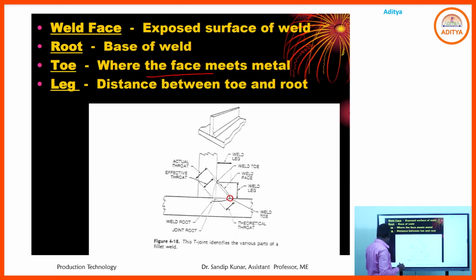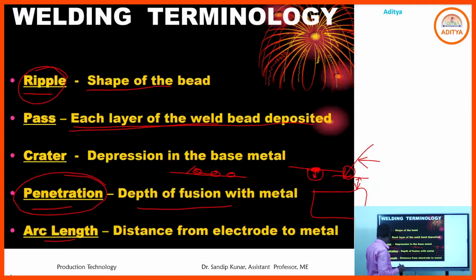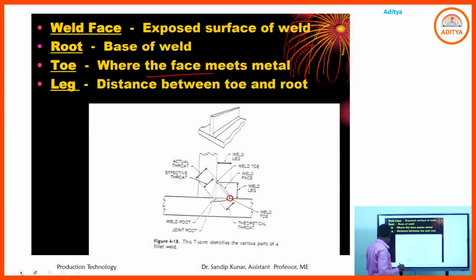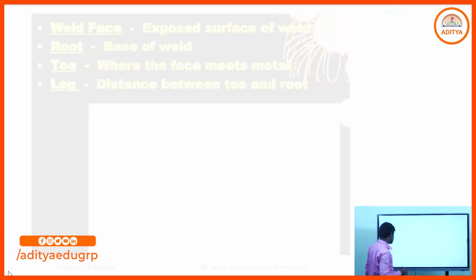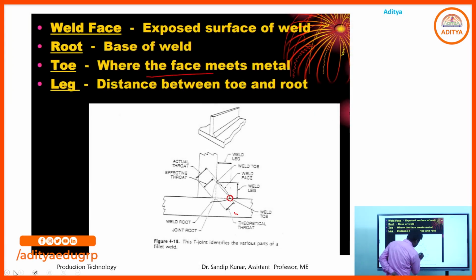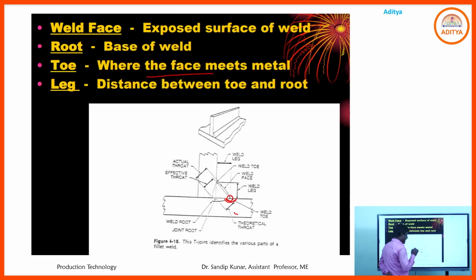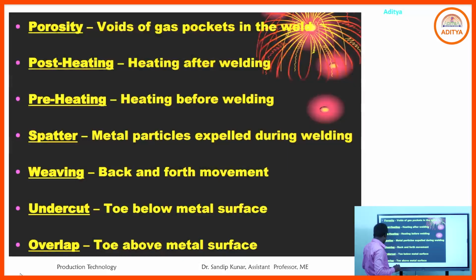And another is overlap. If the toe is below the metal surface, that is called undercut. If the toe is above the metal surface, that is called overlap. Both terms, overlap and undercut.